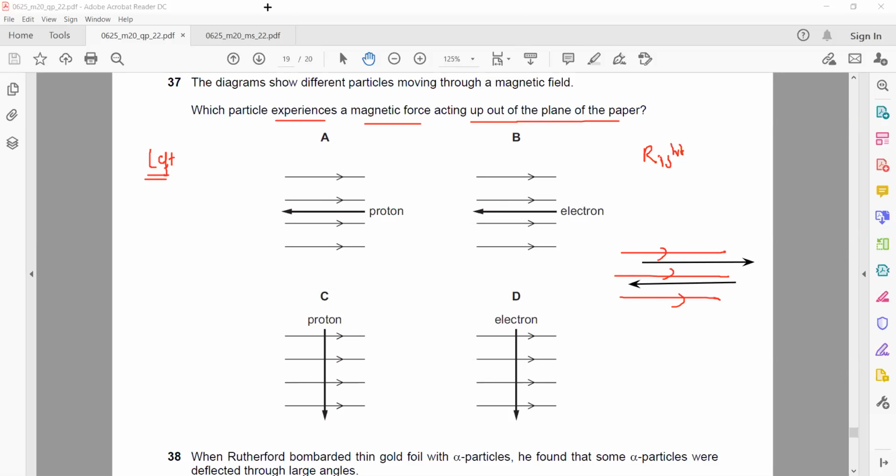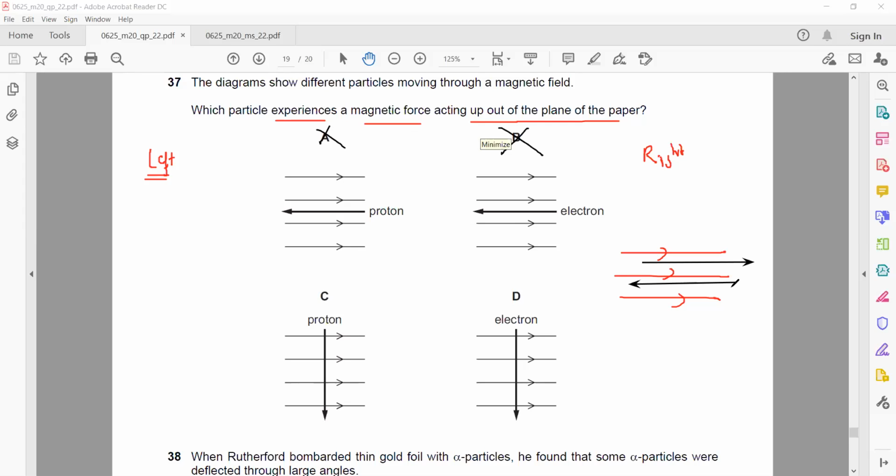So first, A and B cannot be an answer. A and B are totally wrong. It does not support experiencing a force. So you're left with, yeah, the Fleming rule you have to use. If you are finding the force on the positive particle, you will use left hand. If you are finding force on the negative particle, you will use right hand.